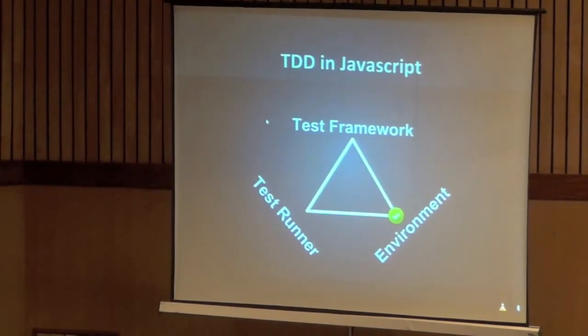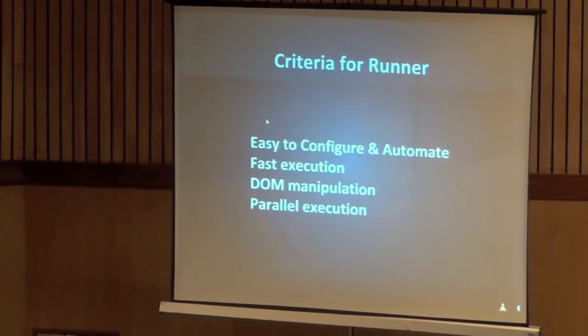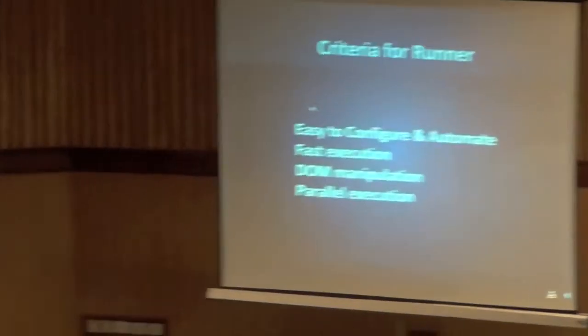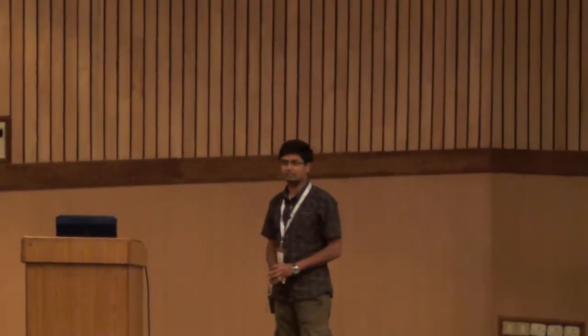Okay, now we are done with selecting the environment and testing framework. So next is the interesting part, the test runner. Since JavaScript for web applications is mainly meant to run on browsers, it becomes a little tricky when it comes to automating the test part.